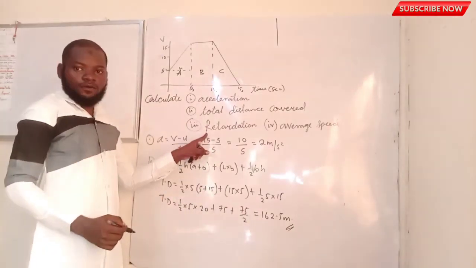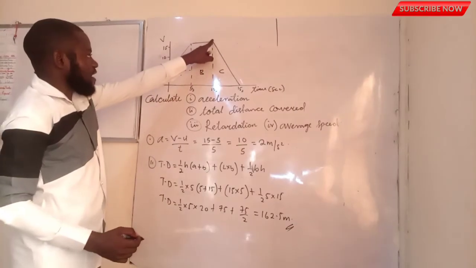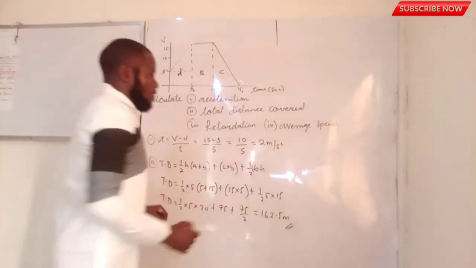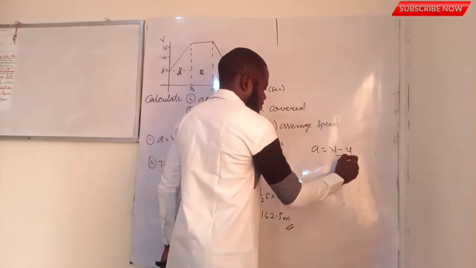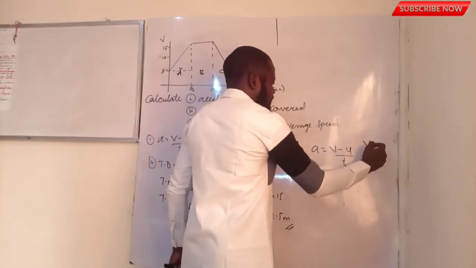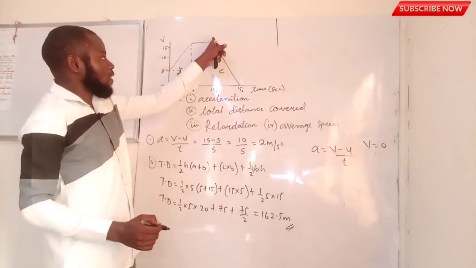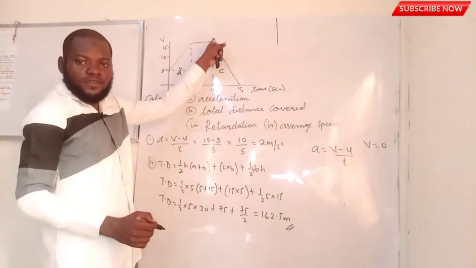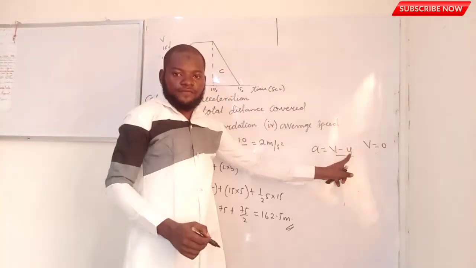The next thing now is retardation. I told you the body starts retarding from here. Retardation is also this, but our V is going to become 0, because the body starts retarding at final velocity. So our final velocity is going to be our initial velocity.